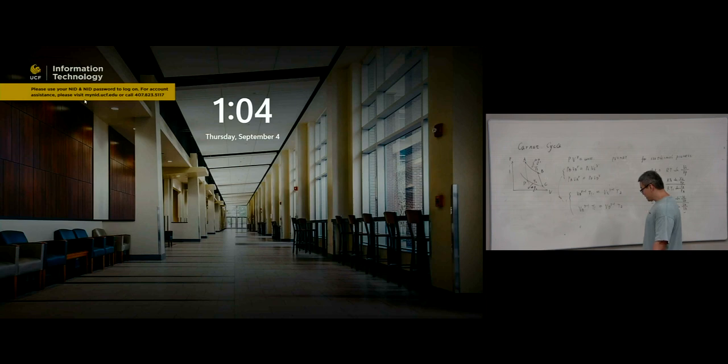From these two equations, we can divide this term by this term. Then VB^(gamma minus 1) T1 divided by VA^(gamma minus 1) T1 should equal VC^(gamma minus 1) T2 divided by VD^(gamma minus 1) T2.